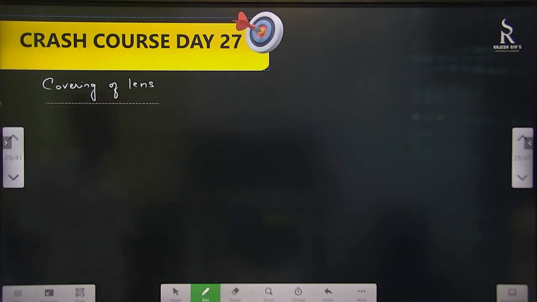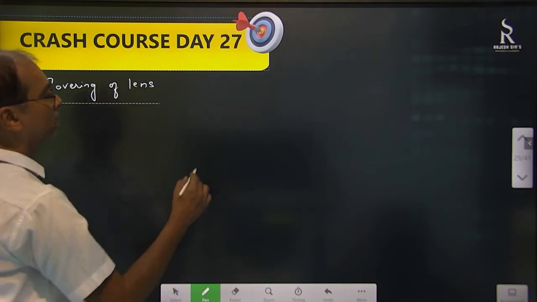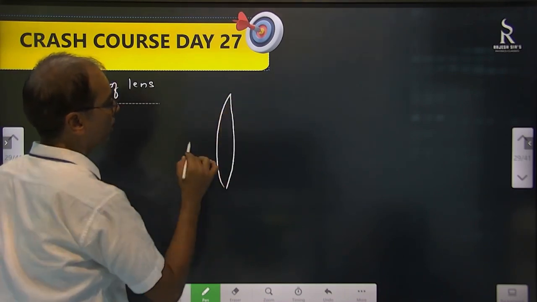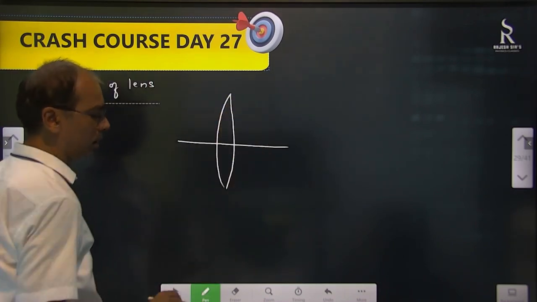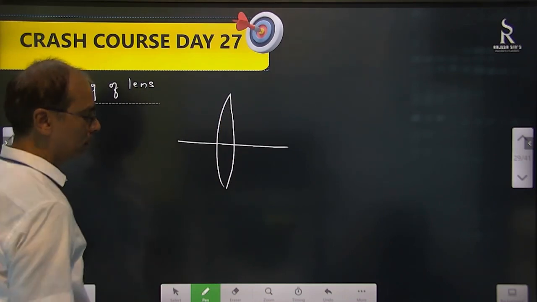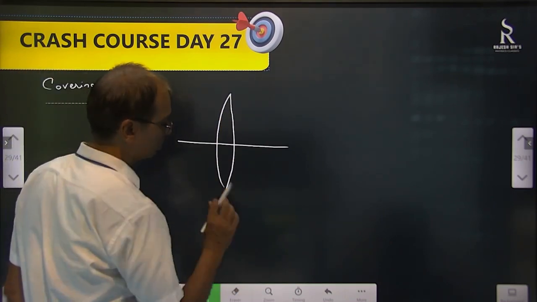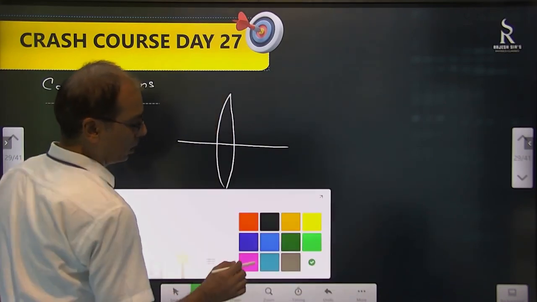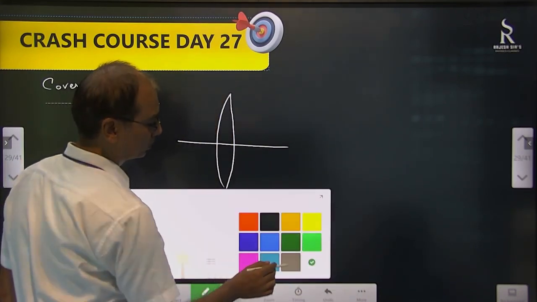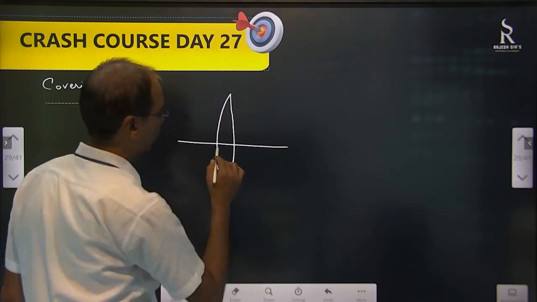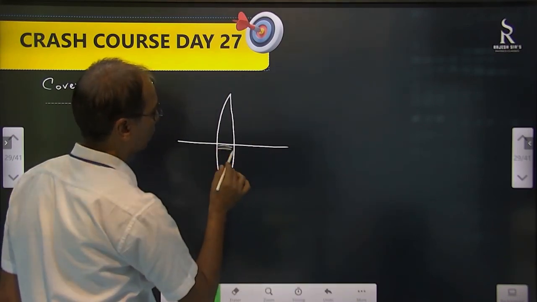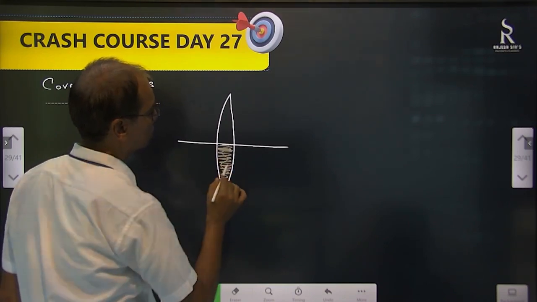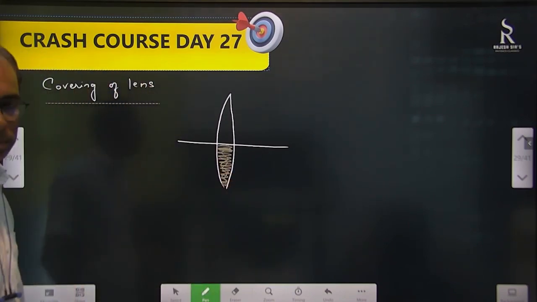Alright, covering of lens. Now suppose there is a lens here and this lower half of the lens we have covered. Covered means putting a black cloth on this one. I'll show it with gray. We covered the half portion.